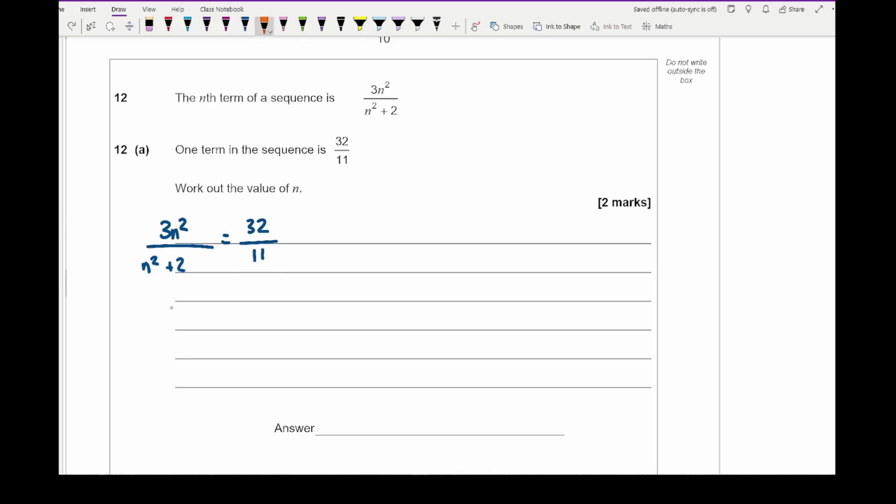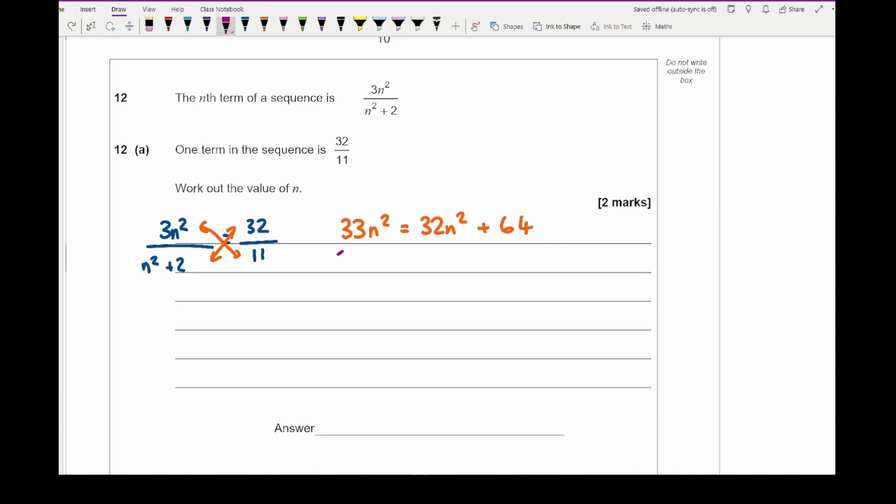Now from this, if I do a bit of cross multiplying, I end up with 33n squared equals 32n squared plus 64. Now as you can see here, this is slowly starting to turn like a quadratic, but it's not going to be a quadratic because we can then simplify.